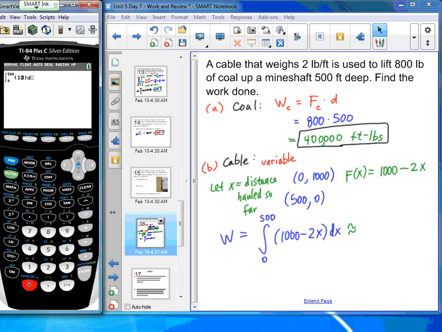My variable force, 1,000 minus 2x, with respect to x. See how we did. Looks like 250 foot-pounds. Nope, 250,000 foot-pounds.